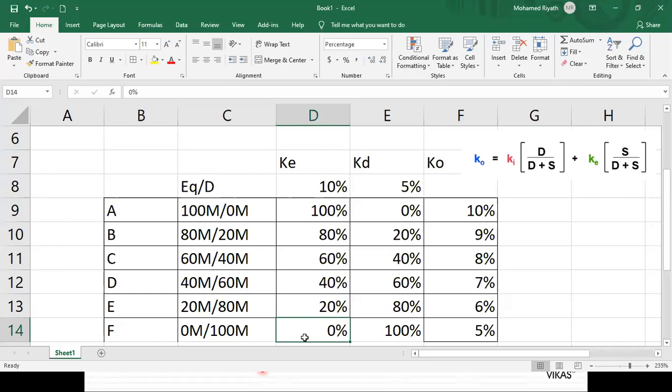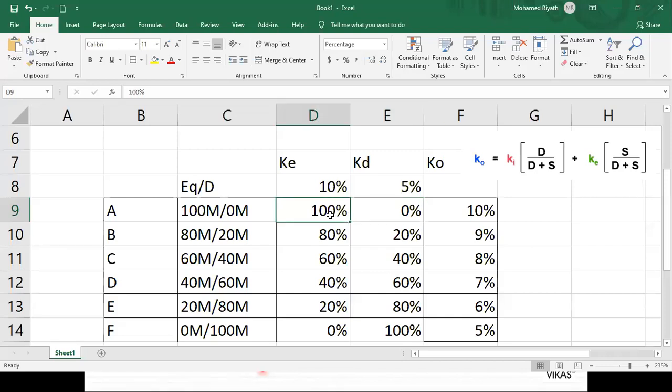Sometimes you may face difficulty in chatting. So when you look at point A, it is 100% equity, therefore there is no debt capital.